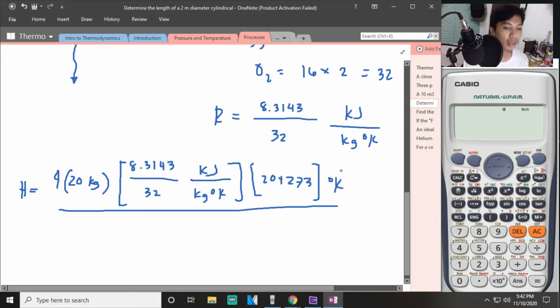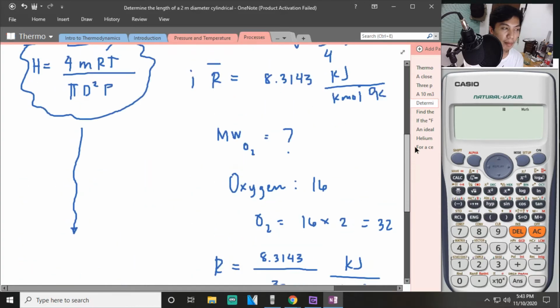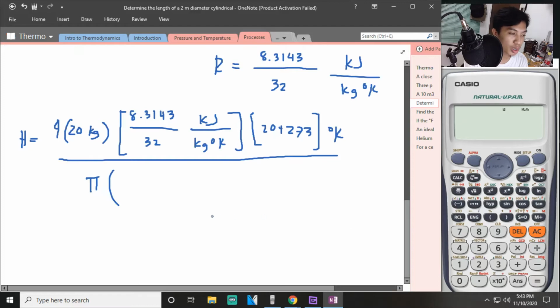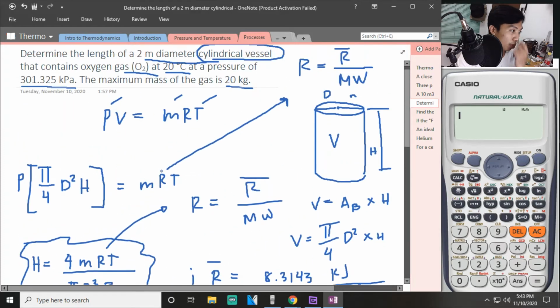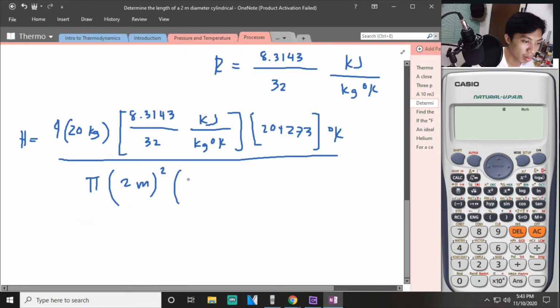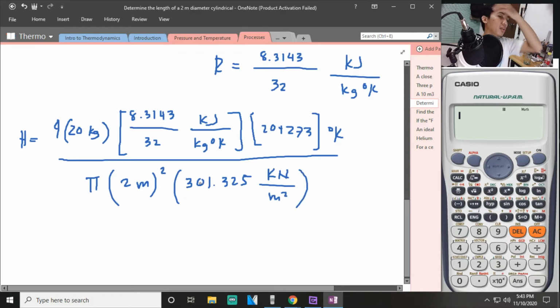Over. Okay, nasa baba. Pi d squared. Pi. Yung diameter is 2 meters. 2 meters square. Tapos yung pressure. The pressure is 301.325 kPa. Yung kPa is in unit kilonewton per meter square.